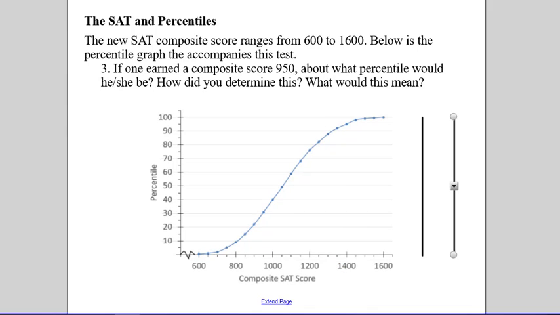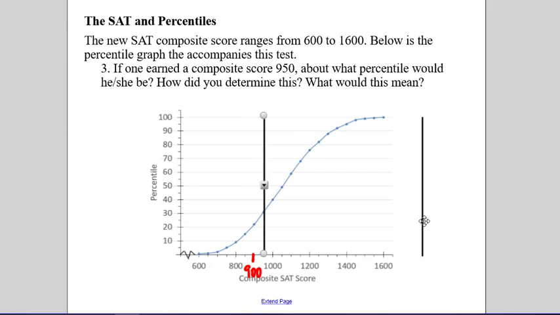And the last problem here asks about a score of 950. So instead of starting with the percentile, we're going to start with a composite score of 950. So we have to remember that these are in increments of 50, so this is 900. So the next tick mark over will be 950. I'll try to line that up as well as possible.